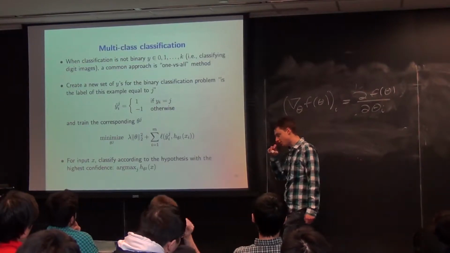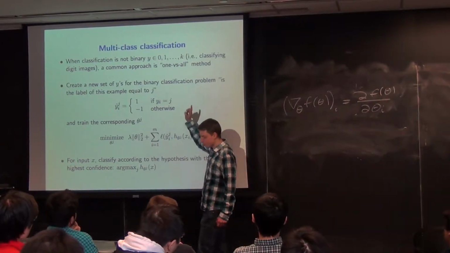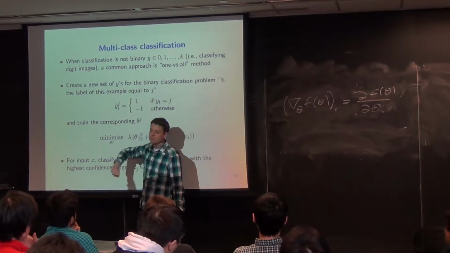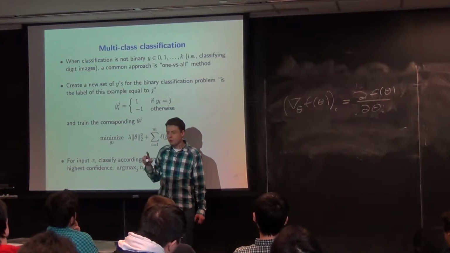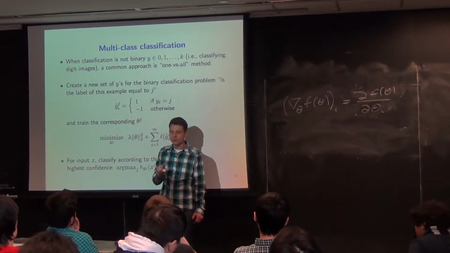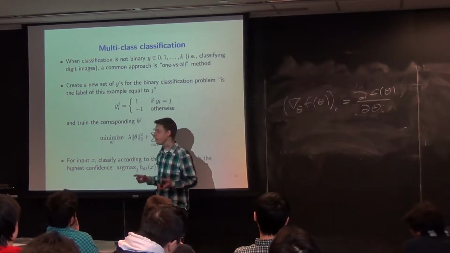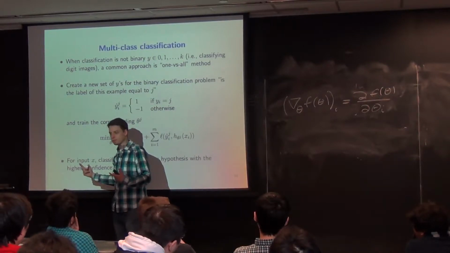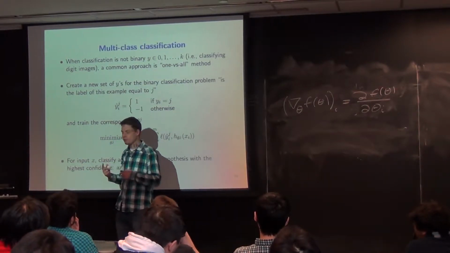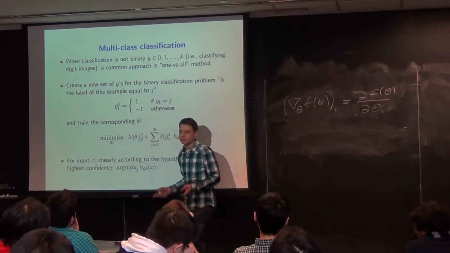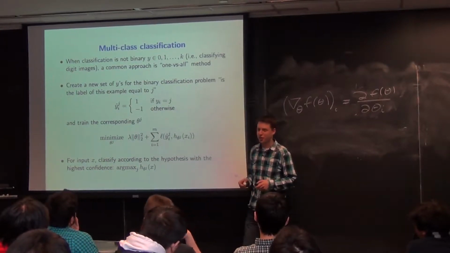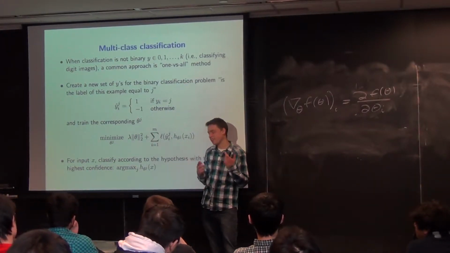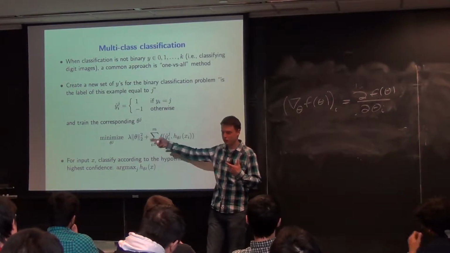Okay, let me mention two more things now. The first, I mentioned this a little bit before. There are cases where you have more than one classification, or more than two, rather, discrete outputs. Right? So rather than saying it's yes or no answer, you have yes, no, or something else. It's a bad example, because usually those are the only two options. But you have a digit, right? And the digit is either 0, 1, 2, 3, up to 9.